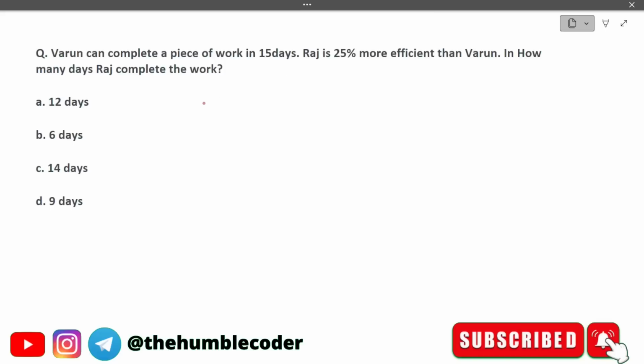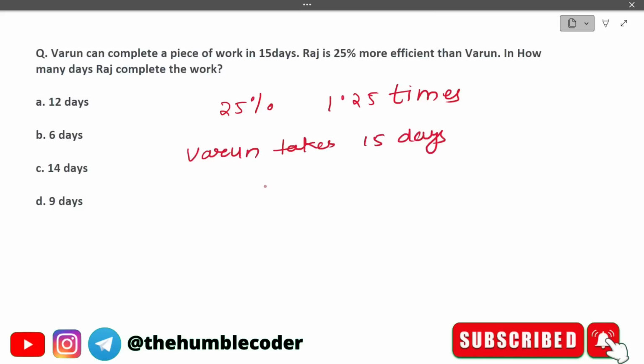See, first we have to understand that Raj is 25% more efficient, right? So Raj's work rate will be 25 percent more, that is 1.25 times. Varun takes 15 days, so Raj will take less than 15 days because he is 25% more efficient.